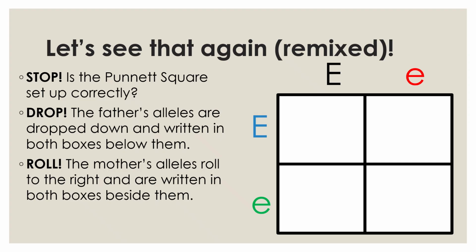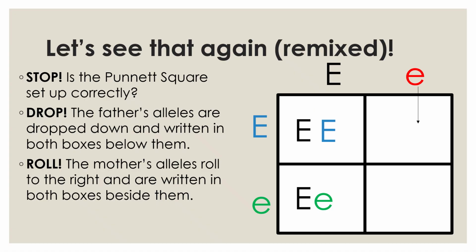Well, in this case, dad's big E could match up with mom's big E. So now we have an offspring that is homozygous dominant. Or dad's big E could match up with mom's little e, and then we have a heterozygous offspring.